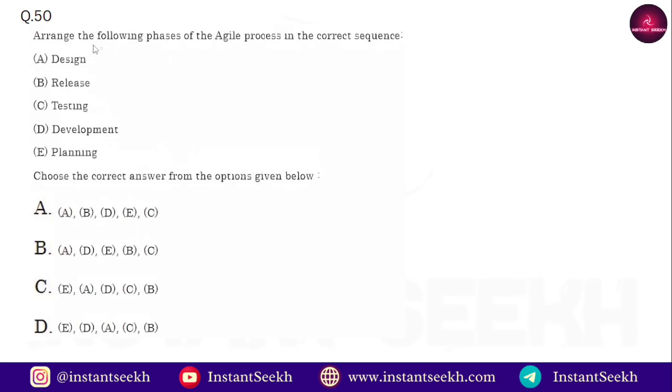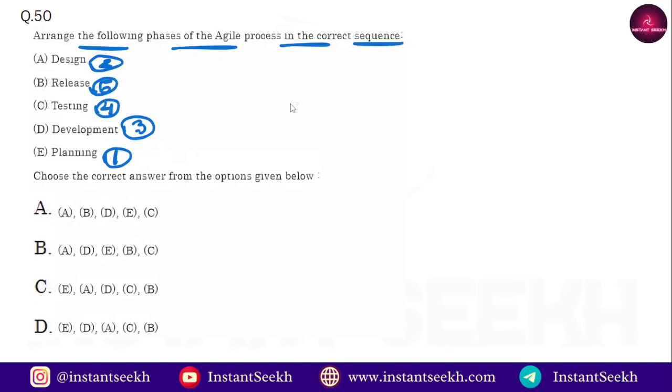Arrange the following phases of the agile process in the correct sequence. So first we do planning, that is E, then design, then development, then testing, and then release.